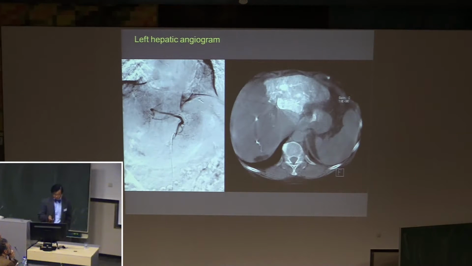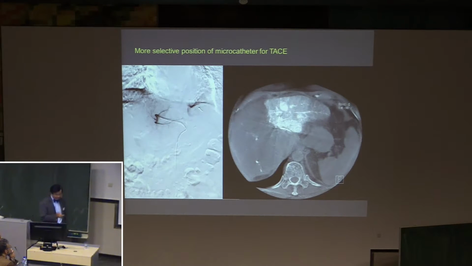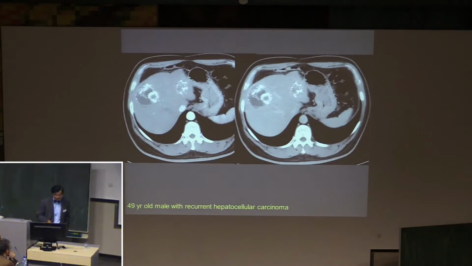So we performed Conebeam CT, and that showed us clearly that we were also enhancing the stomach from left gastric branches. So we proceeded to advance the microcatheter further distally into the left hepatic artery, repeated the Conebeam CT, showing that there's no more enhancement of the stomach, and that gave us confidence to proceed with the chemoembolization procedure.